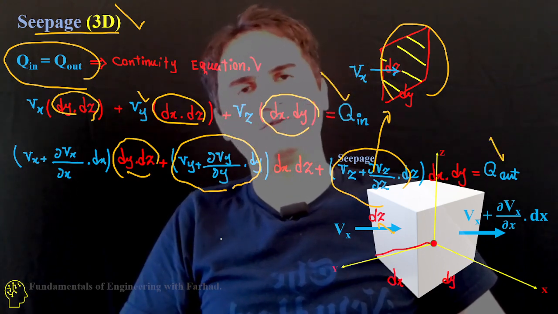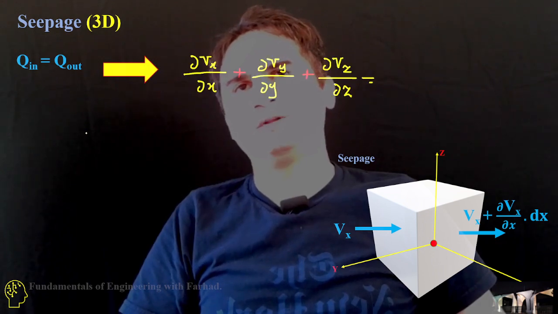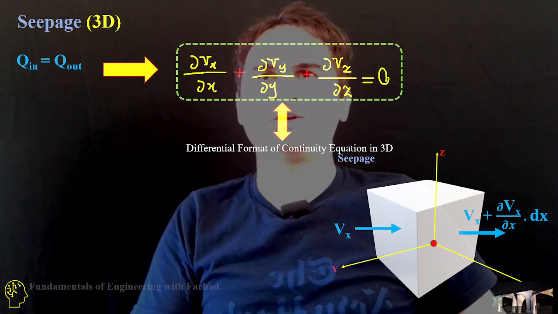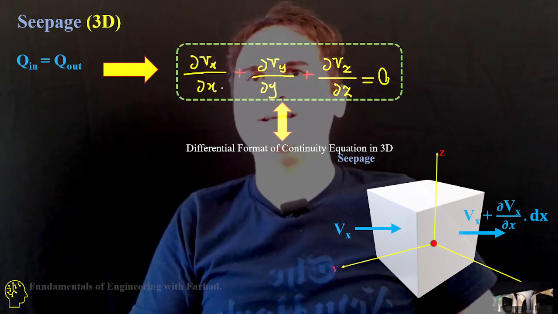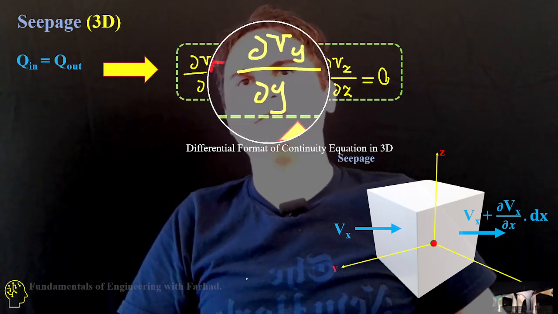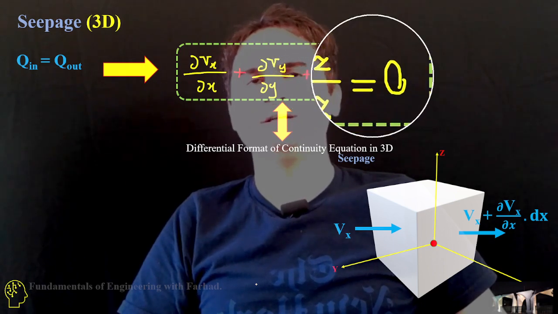If Q in is equal to Q out, then if you simplify that equation, you reach an equation like partial derivation of vx over dx plus partial derivation of vy over dy plus partial derivation of vz over dz equal to 0.